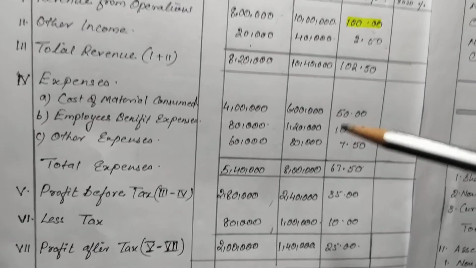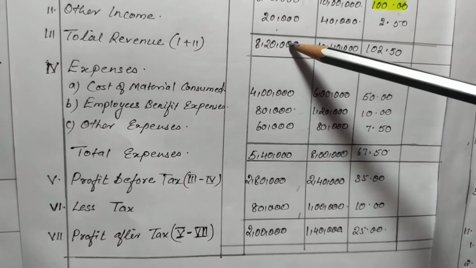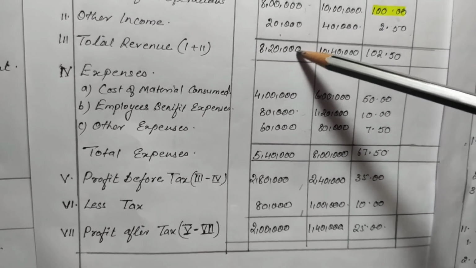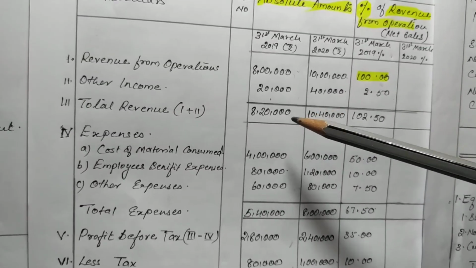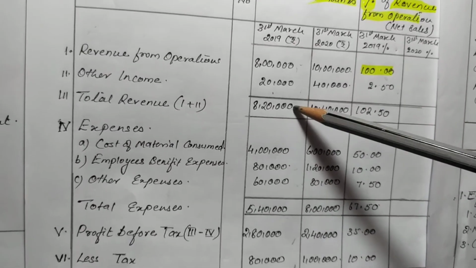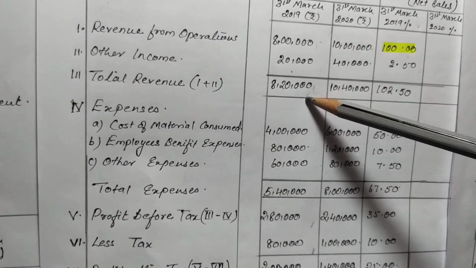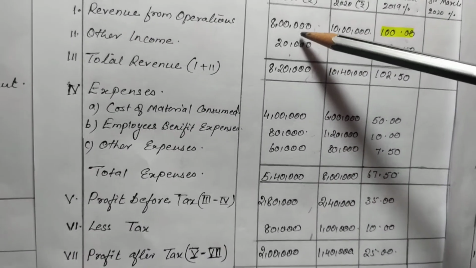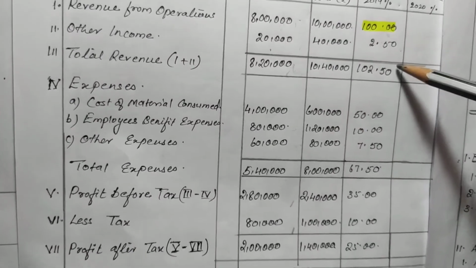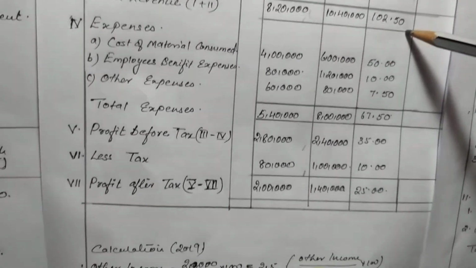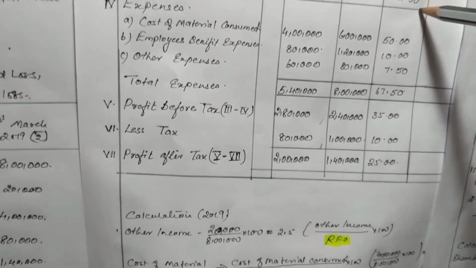The next is your total revenue, 8,20,000. For this also we have to calculate the percentage. How will we calculate the percentage? What is our base? Revenue from operation. 8,20,000 divided by 8 lakh into 100, and you get 102.5%.